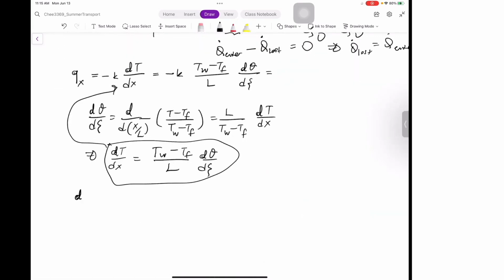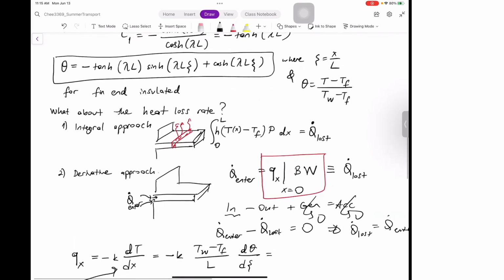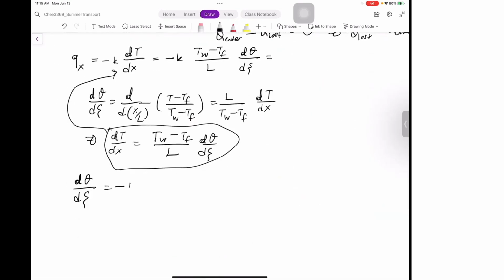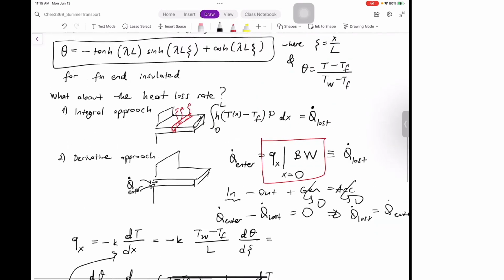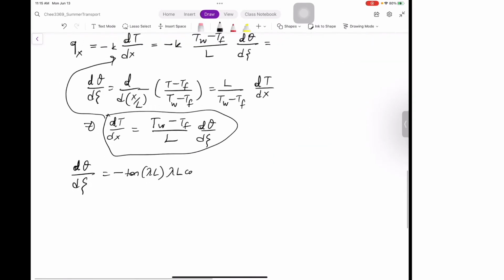Let me write it down here. d theta over d psi is minus tanh lambda L, which is constant, times the derivative of sinh, which is cosh, lambda L psi times lambda L, cosh lambda L psi, plus lambda L sinh lambda L psi.